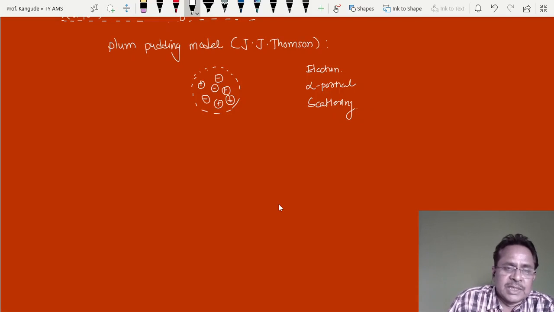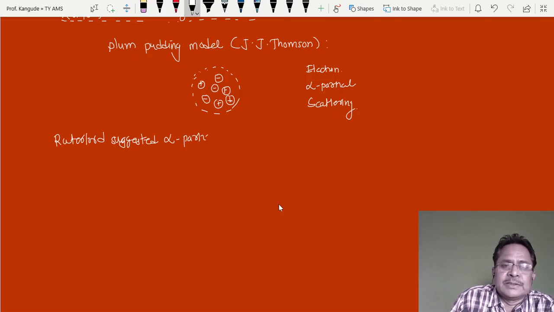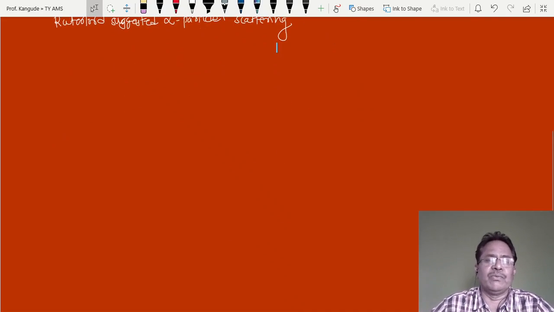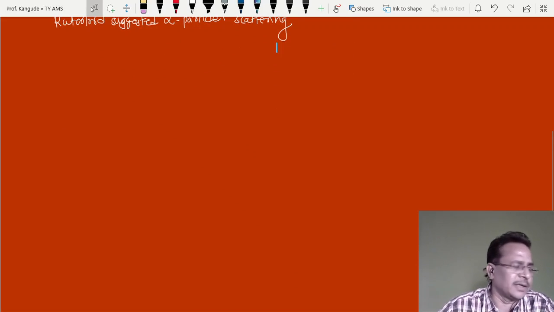So Rutherford suggested alpha particle scattering. That was his contribution, and he suggested that we see what happens if we go for alpha particle scattering.